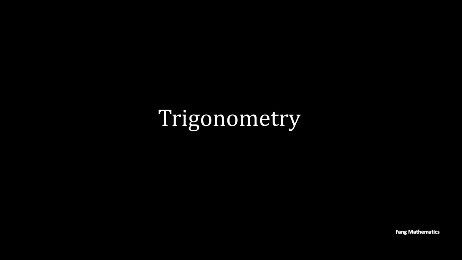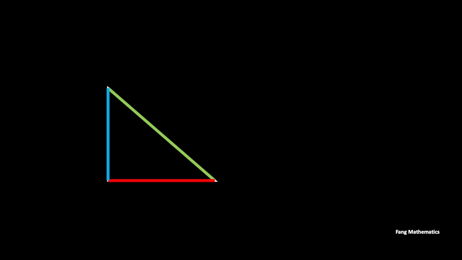In this lesson, we are going to learn trigonometry. Before we start, let's look at the three sides of a right-angled triangle. Here you have the right angle, symbolized by this symbol, and opposite the right angle you have this green side, called the hypotenuse.